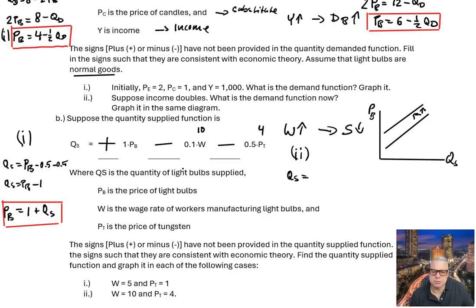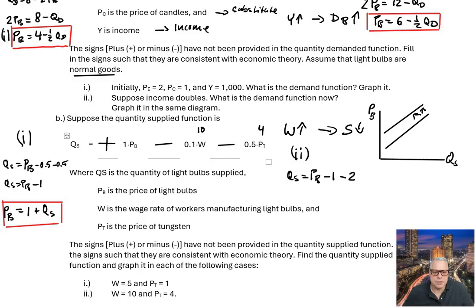So now our supply function is still, we start with PB, minus 0.1 times 10, that's 1. It's a minus, I'm sorry, that should be a minus here. Minus 1, because minus 0.1 times 10 is 1, and then minus 4 times 0.5, that's 2.